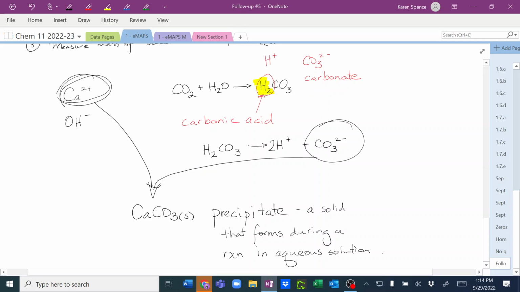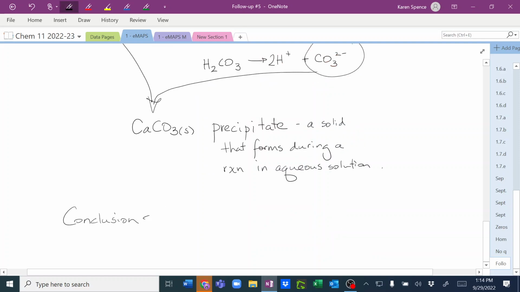Yes. So that's it for that question. Your conclusion. You know what? This lab doesn't really need a conclusion. It was more about observing stuff. So if you wrote a conclusion, that's fine.